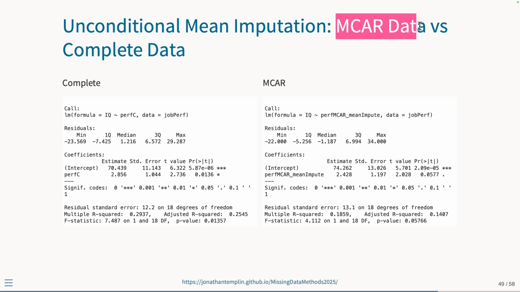So here, that is what I did. I took the missing completely at random data and imputed for job performance all of the values that were missing, and then of course I screwed up the regression here. I predicted IQ by performance, not performance by IQ. Anyway, I'll just go through this.